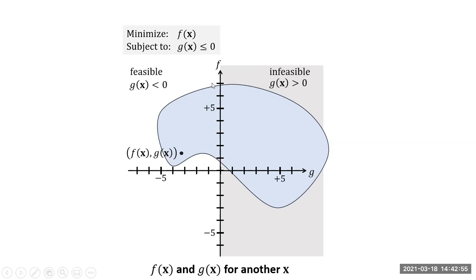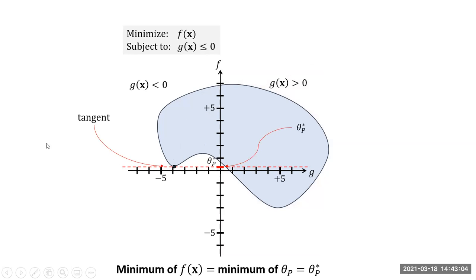So what's the minimum value of f you get here? No, it's this one here. Oh, okay. This. So we draw a horizontal line tangent at this point. So that's theta p star. Agreed? Yes. So now we have located theta p star.